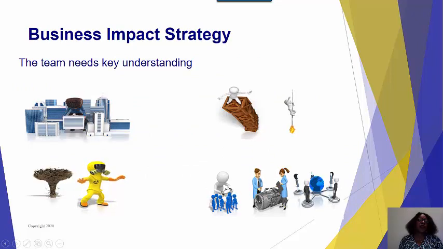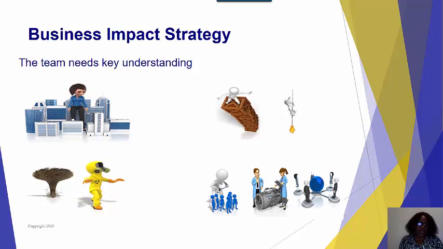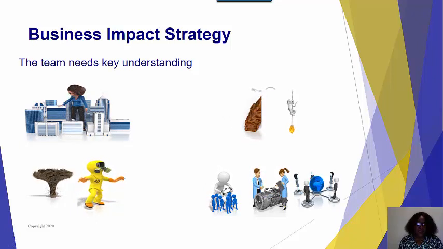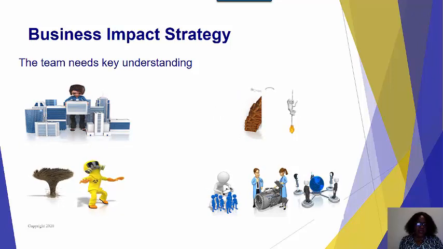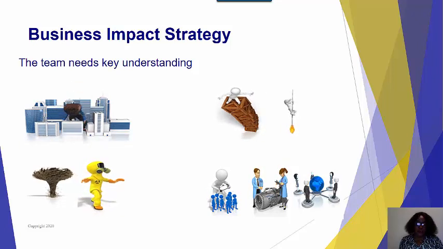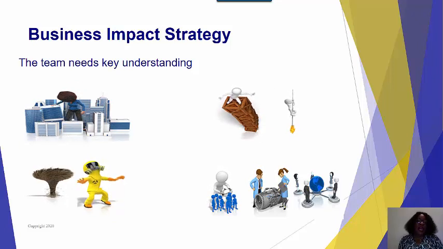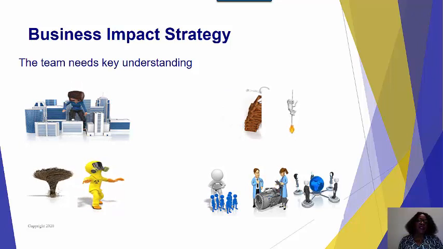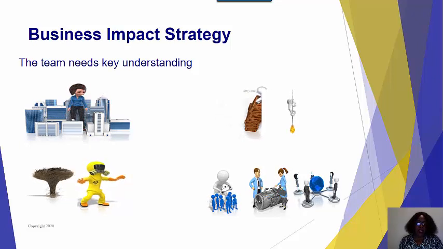Business impact strategy. The team needs key understanding. Leaders must understand risk and be able to aggressively manage identified risk factors. As part of the analysis, the risk factors have to be documented.